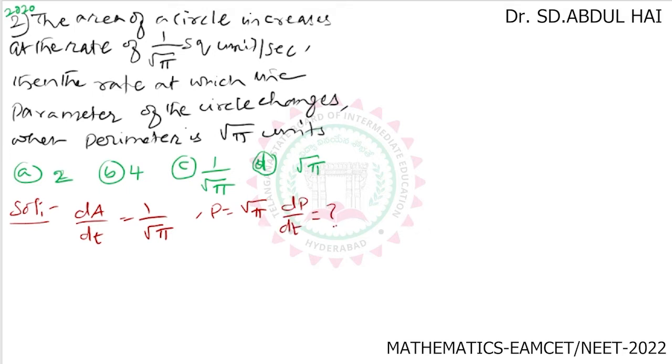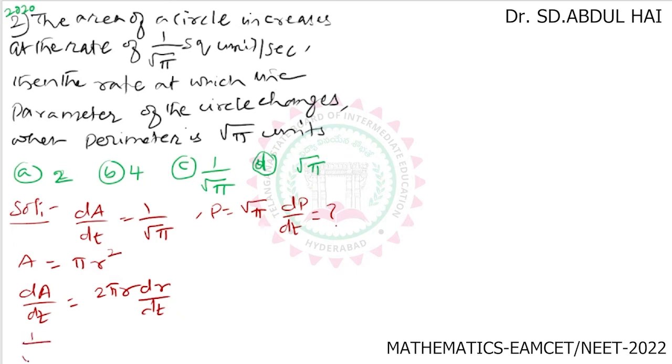Now, I have to find the value of dP by dt. Is it clear? You know that area of the circle is denoted by A, which is equal to pi r square. If I differentiate this, dA by dt is equal to 2 pi r into dr by dt. But dA by dt is given as 1 by root pi.